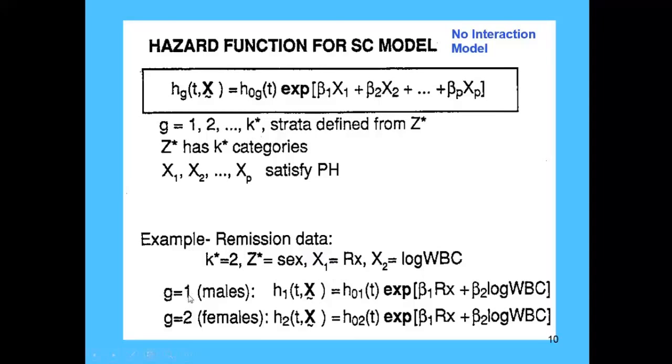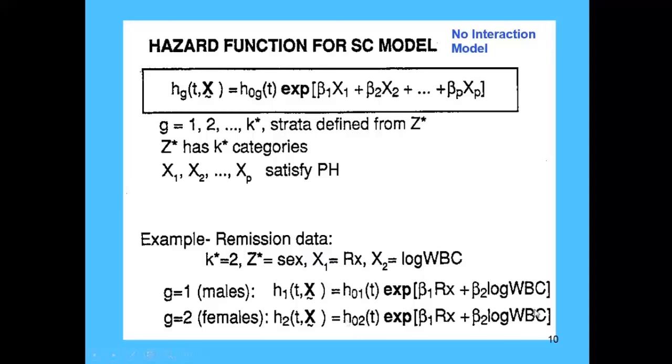So there are two different values that G takes, 1 and 2. There are two strata, so we're going to get two different hazard expressions, H1 of t of X and H2 of t of X for the two strata. H1 of t of X is going to be H01 of t, and H2 of t of X is H02 of t, because these are the two different strata.